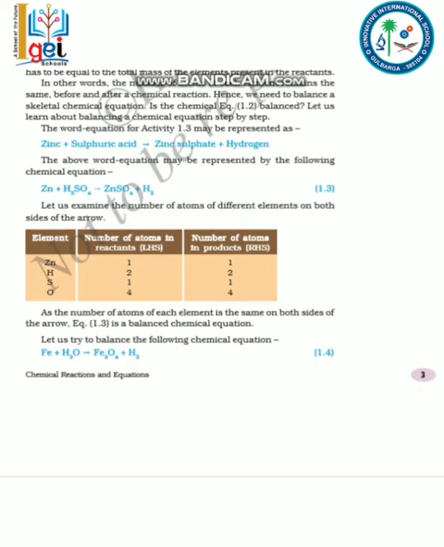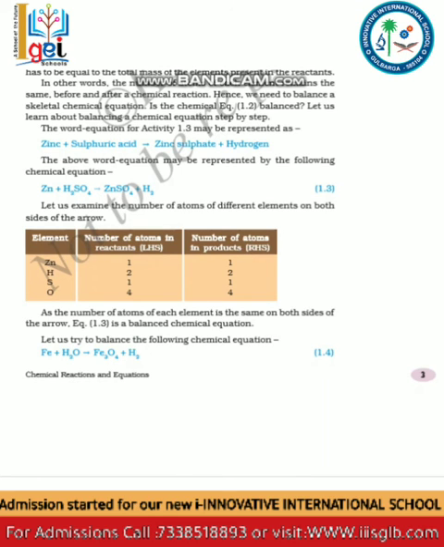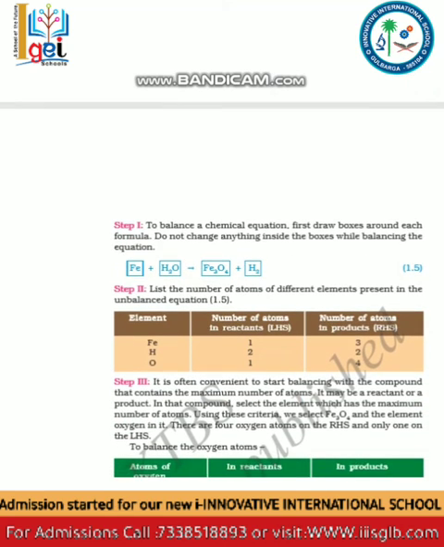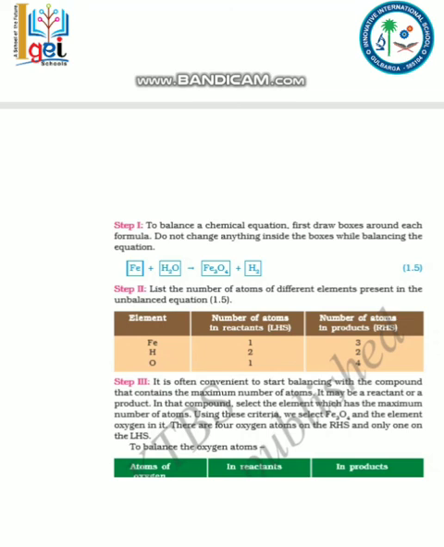Now observe that the number of atoms on the reactant side is not equal to the number of atoms on the product side. For this, let us draw one more table with three columns: element, number of atoms in reactants, and number of atoms in products.